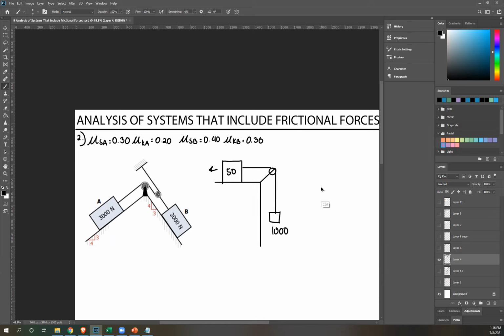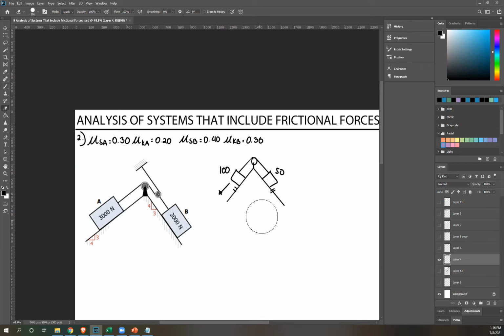Impossible to move to the left. So that's one by inspection. Another is having two equal slopes. Again, you have your pulley. Again, this is 100, this is 50. Since they're equal slope, the tendency of this system is to move downward, like this, because this is the heavier one. So those are examples wherein you can figure out the motion just by inspecting.